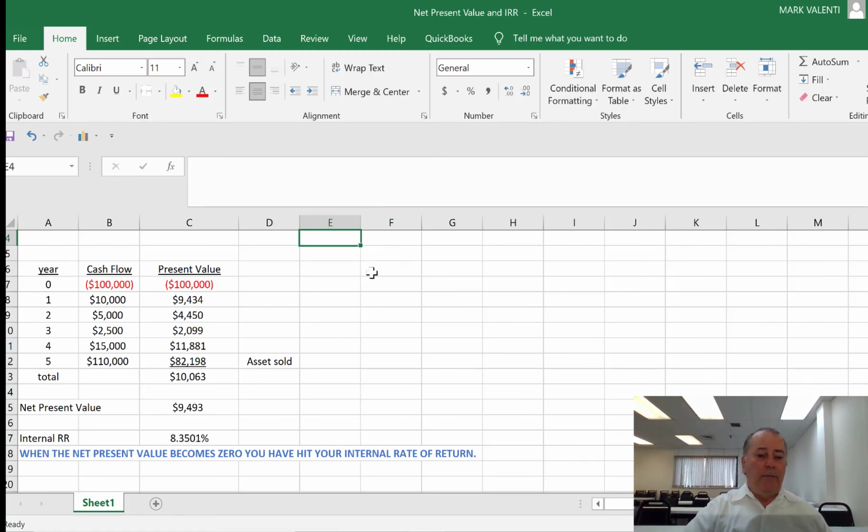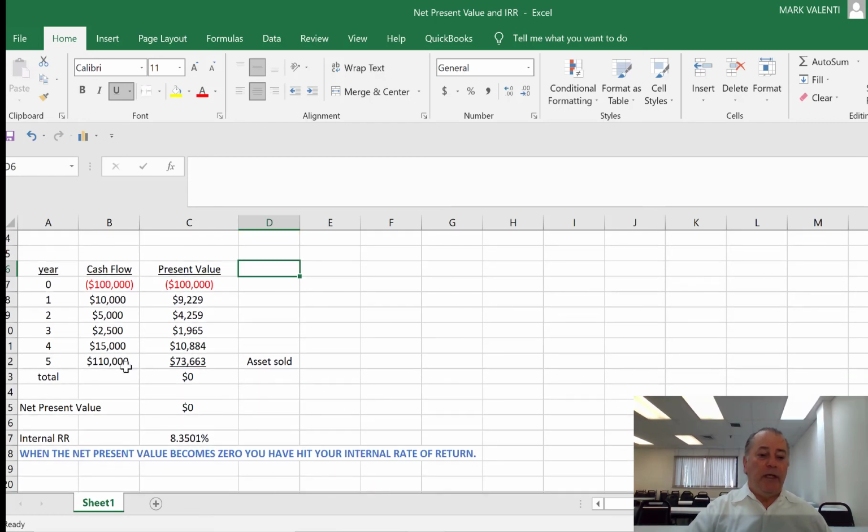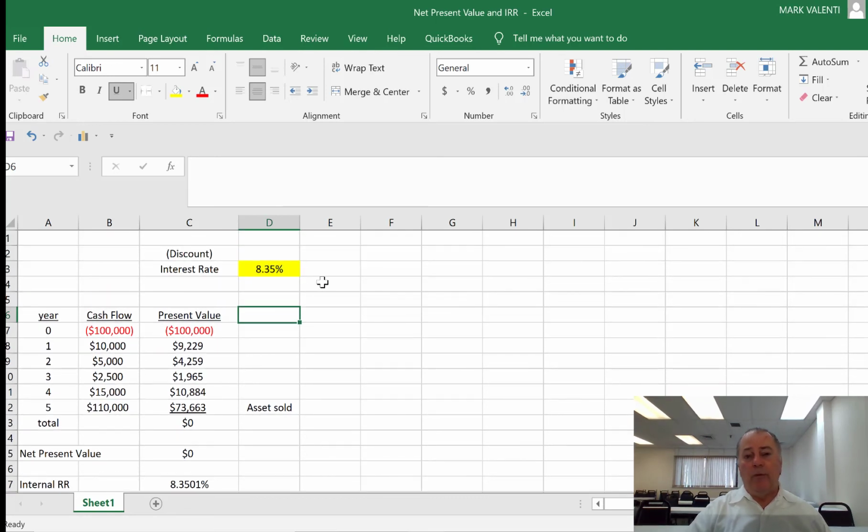So if I change again to 8.35, it does come out to 0. So that's my internal rate of return. Cash going out, all this cash coming in on a present value basis, total 0, so we know the rate of return is 8.35.